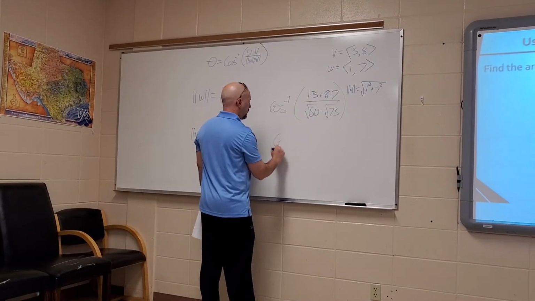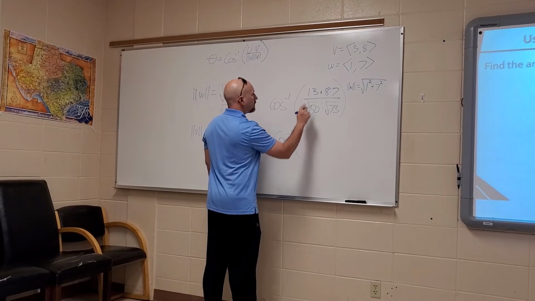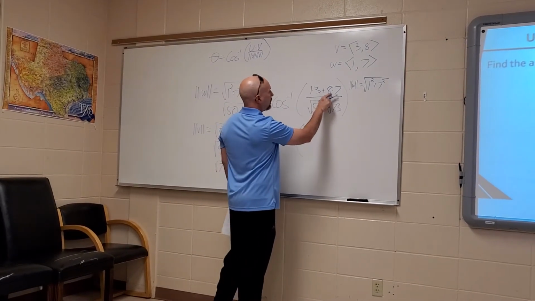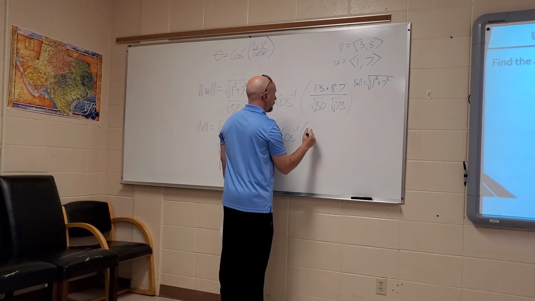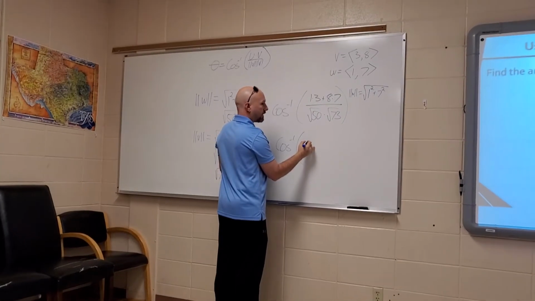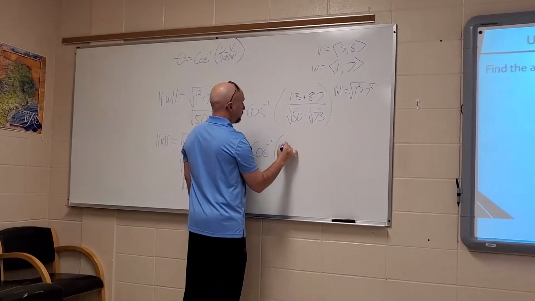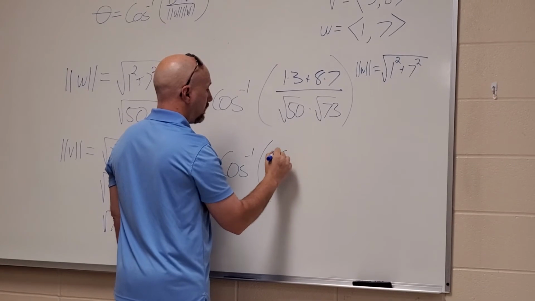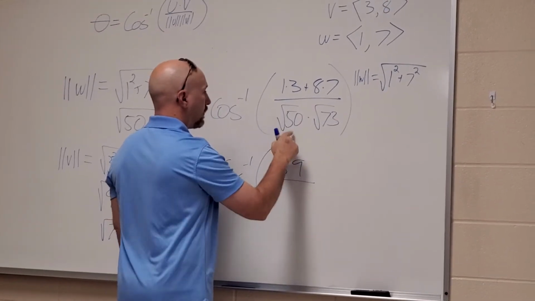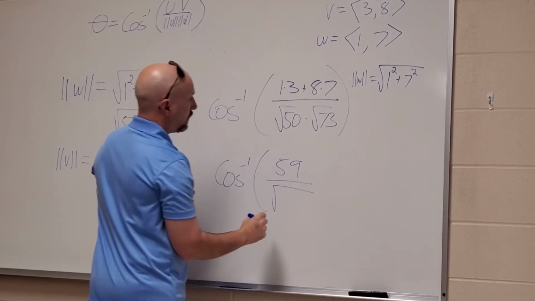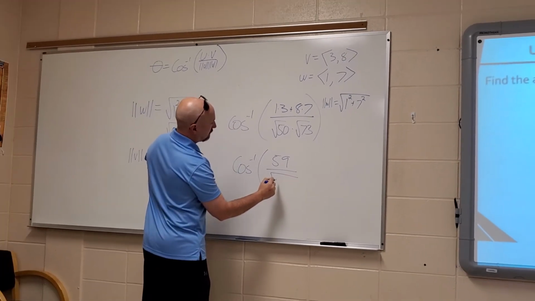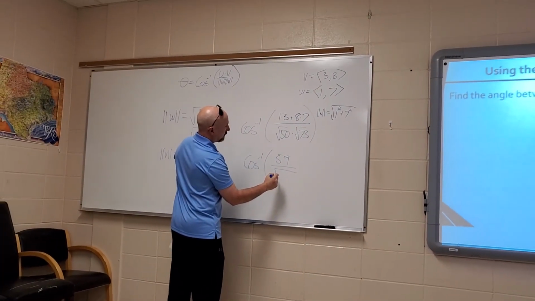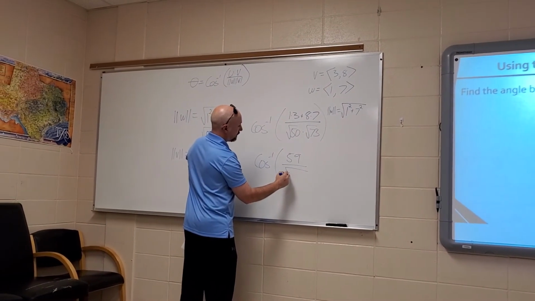So let's see, cosine inverse. This is 3 times 1 plus 8 times 7, that's 3 plus 56. Right? Yeah, 56. So 59 over root 65.